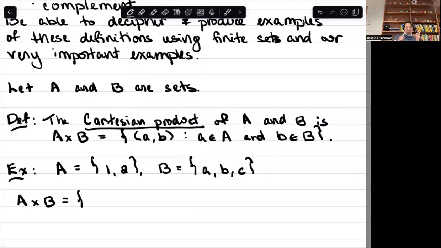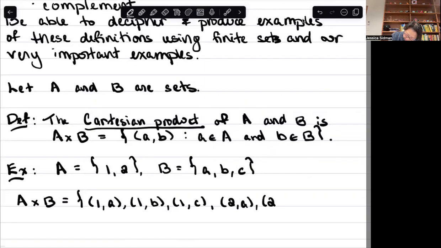Those can be a, b, or c. So altogether, I'm going to get 6 ordered pairs, and they're going to be 1a, 1b, 1c, 2a, 2b, 2c.